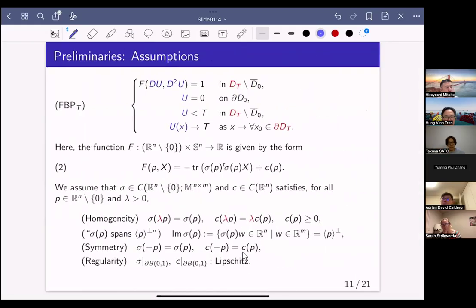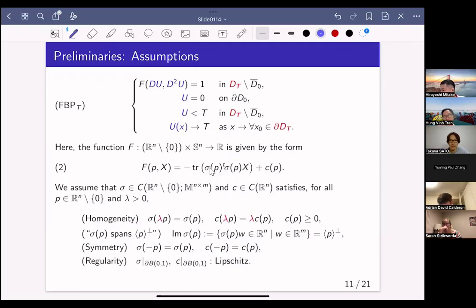And here, I would like to summarize the main assumptions for our setting. Let us recall our problem. These four conditions, and this blue data and this red data are unknown, and so we want to know the pair D_t and u defined on this unknown domain. And here, this function f has this form.